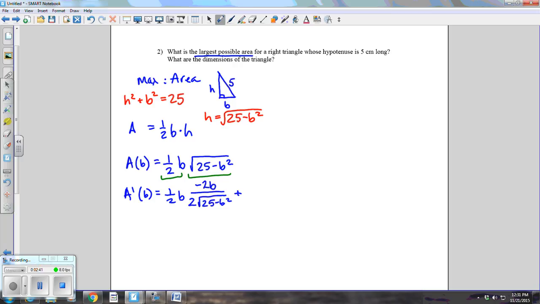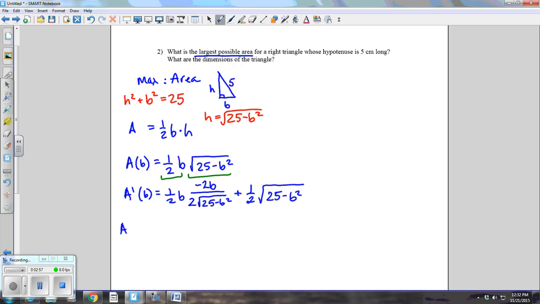Second part of the product rule plus the derivative of the first piece, which is 1/2, and leave the second part of the product alone. So there's our derivative. It looks kind of nasty.